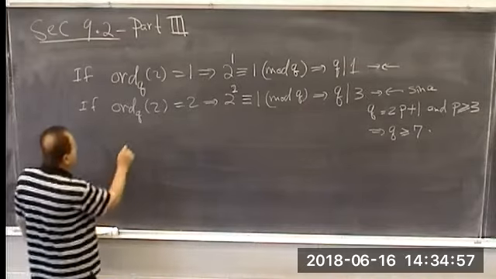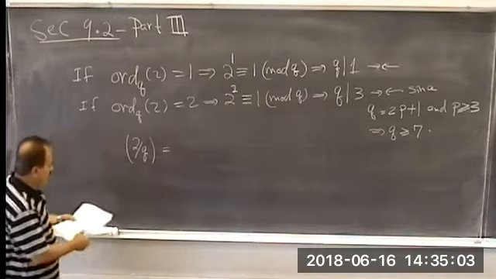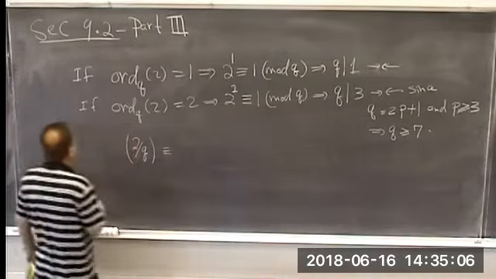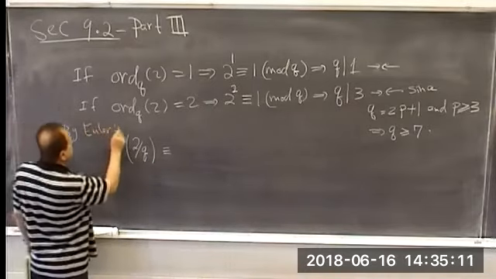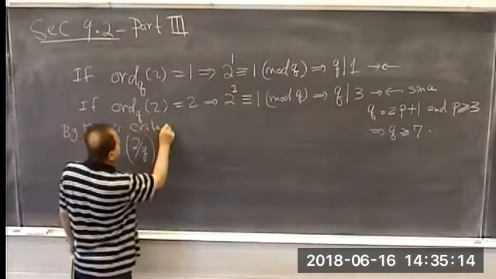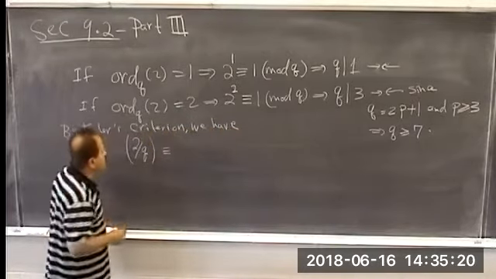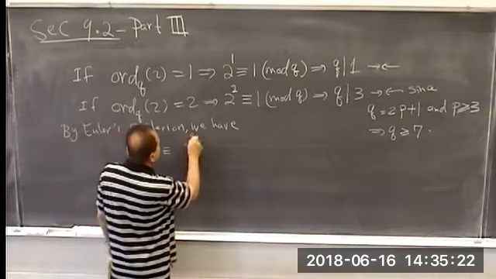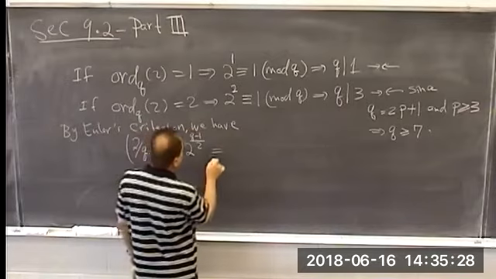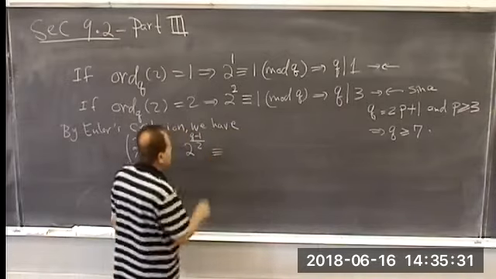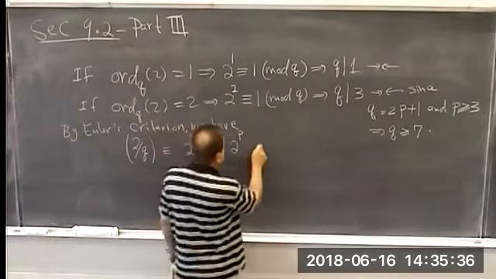Now we know that we have (2 over q), which is congruent by Euler's criterion to 2 to the (q minus 1) over 2, and we do the calculation for this where q becomes 2 to the p, mod q.